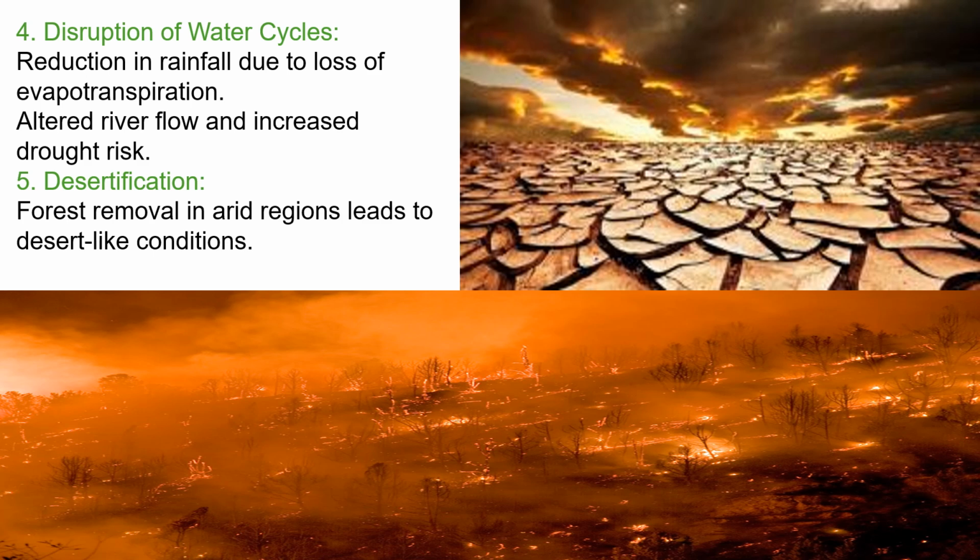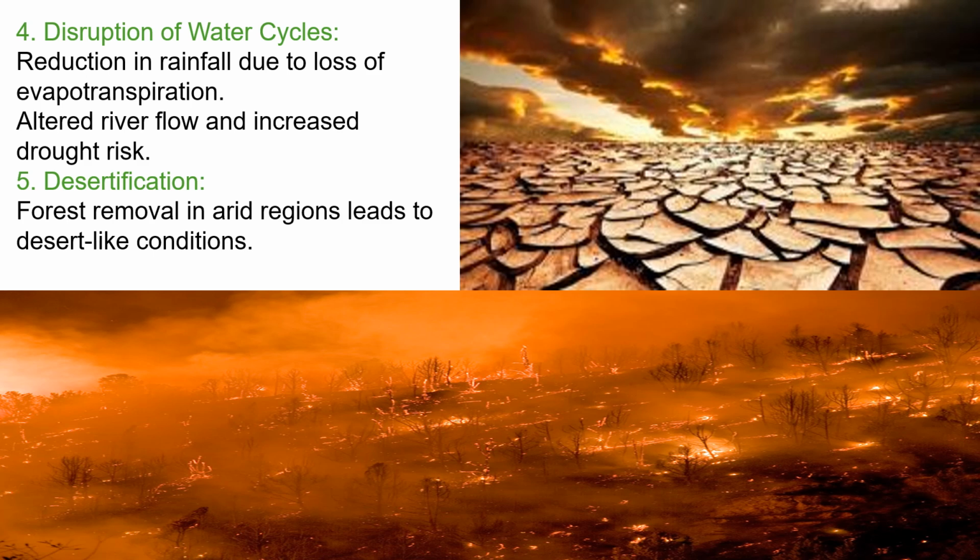So when you cut these trees upstream, the amount of water that is going to be collected in the rivers will be minimal, or there will be no water in the rivers, meaning that people are going to suffer from inadequate water. Even the plants that depend on irrigation will have no water for irrigation.